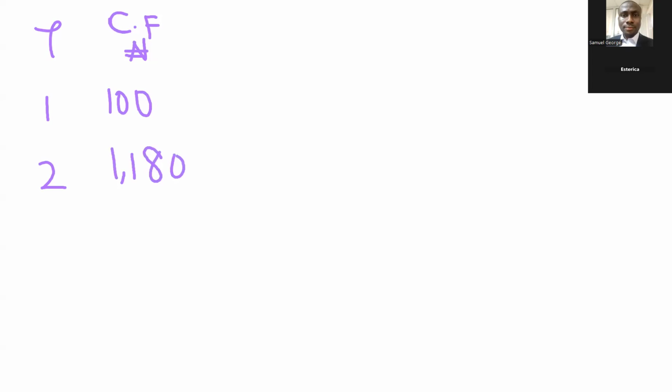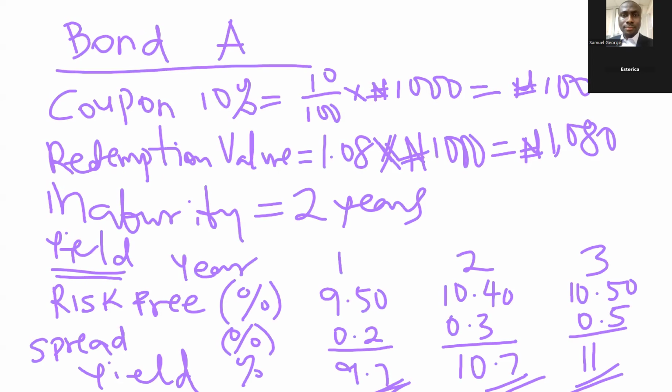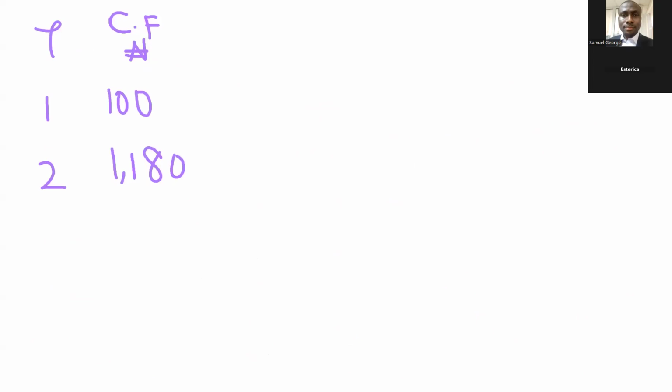And you will ask me, how did I get these cash flows? Go back to what we said here in the futures. Coupon is 100 naira. For every year, you'll be collecting 100 naira for every 1,000 bond. You collect 100 naira in year 1, and 100 naira in year 2. That is why I put 100 naira in year 1. Then in year 2, you will collect 100 naira and your money will be paid back to you.